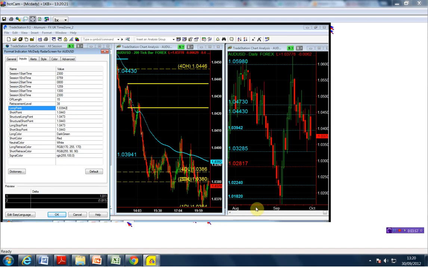This is going to be our buying point. It is a structural point, so it is going to be our long point and our structural point. And of course, in this case, it will also be our stop.